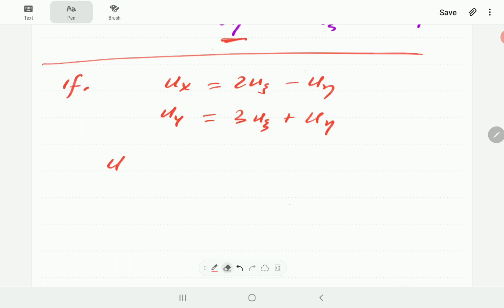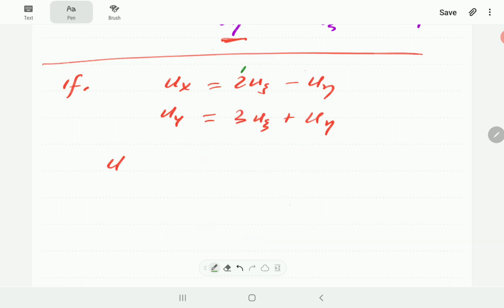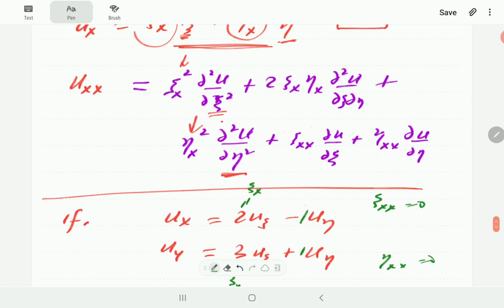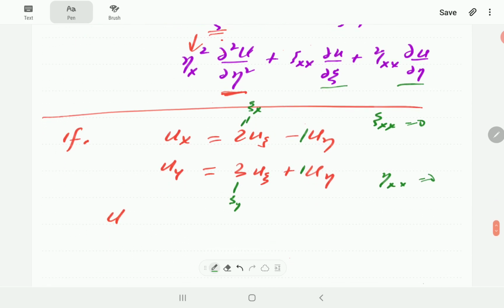So this one is xi_x and this one is xi_y, and 1 is eta_y, -1 is eta_x. So naturally xi_xx is going to be 0 and eta_xx is going to be 0. So these terms are not going to be there. We're just going to have the higher order terms.